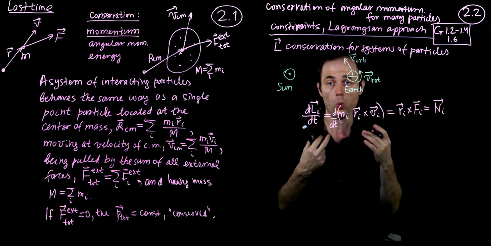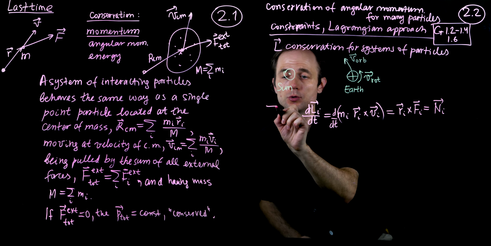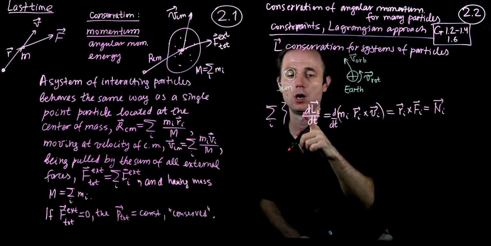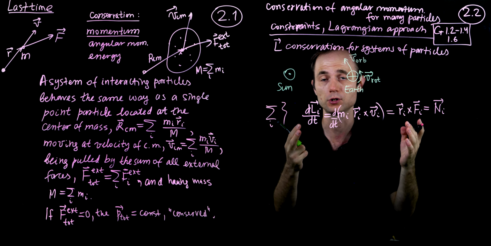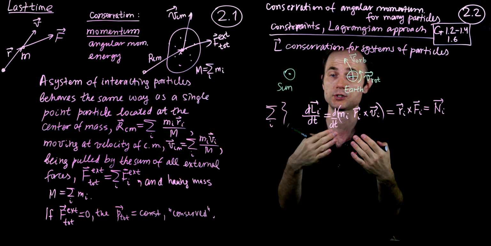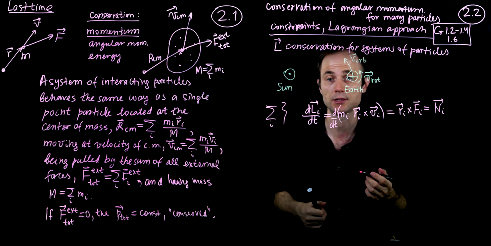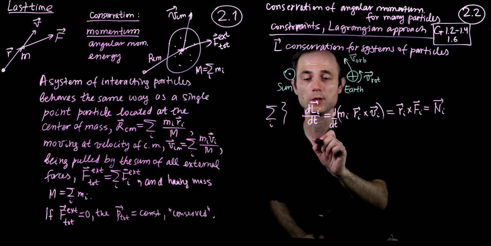As before, what are we going to do? We're going to sum up these equations of motion for a single particle. We'll sum them up together to get them for many particles.